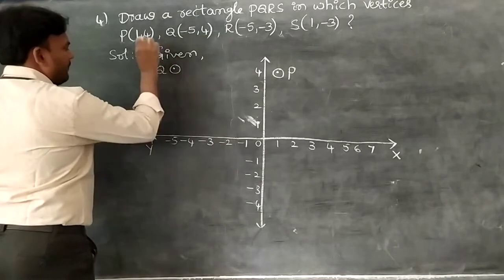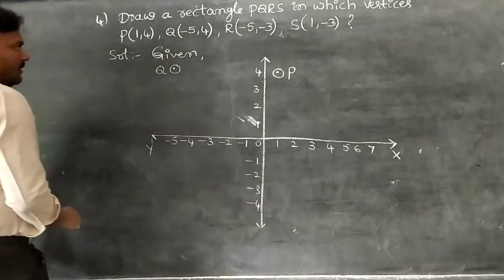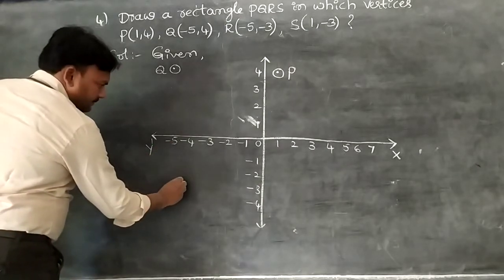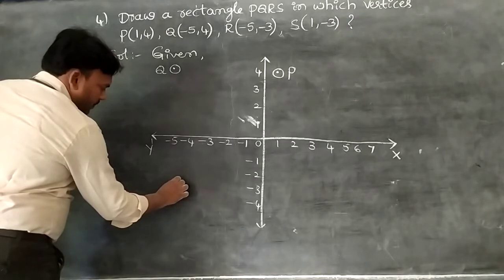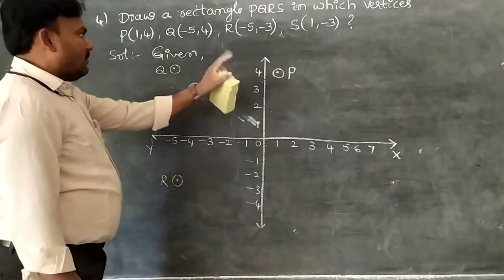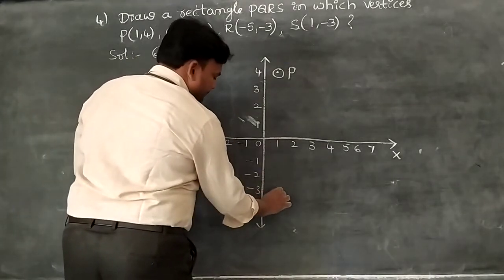This is Q. Next, R (minus 5, minus 3). This is R. Next, S (1, minus 3): x value 1, y value minus 3.